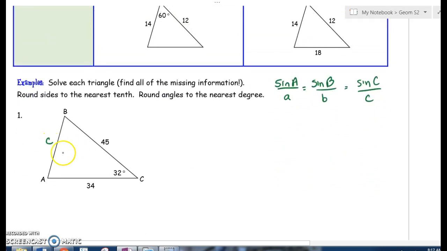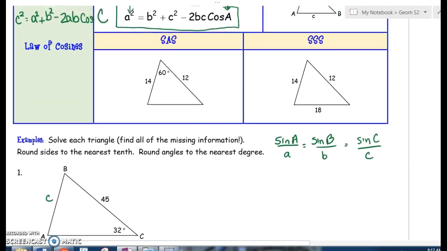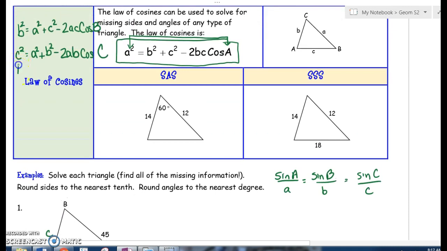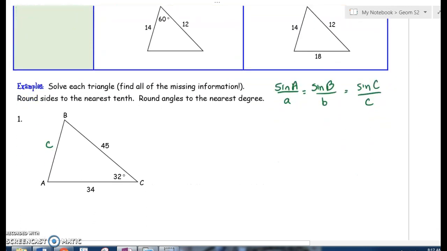So we're going to find side c. We're going to use this formula right here, this bottom one, because that's the one that deals with finding side c. Side c is all by itself. So we've got c squared equals a squared. Let me label this.